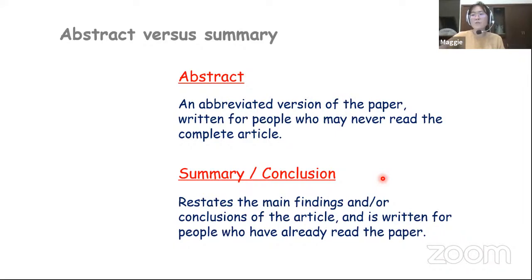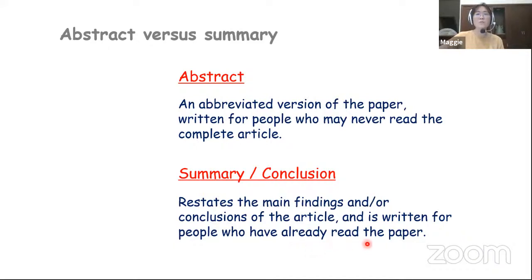So there are two parts where you need to figure out the differences. The first is the abstract. It is an abbreviated version of the whole paper, written for people who may never read the complete article. On the other hand, the summary and conclusion are usually located at the end of the whole paper. It restates the main findings and/or conclusions of the article, and it's written for people who have already read the paper.